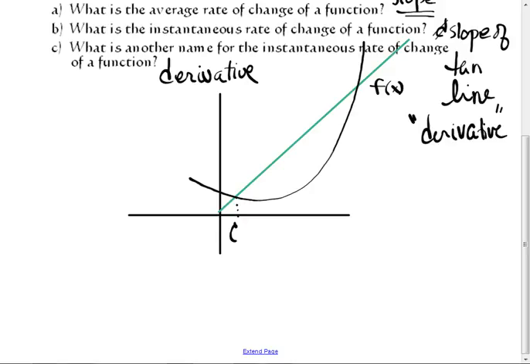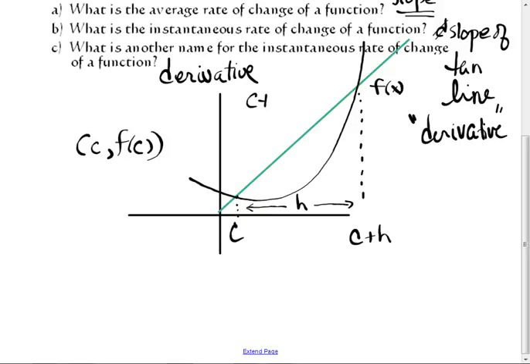C. Then we're going to go over a certain distance, call that h. This should be familiar to you. Then this is c plus h. And the ordered pairs then are c, f of c, and c plus h, f of c plus h. I'm just reviewing, and this is nothing new.